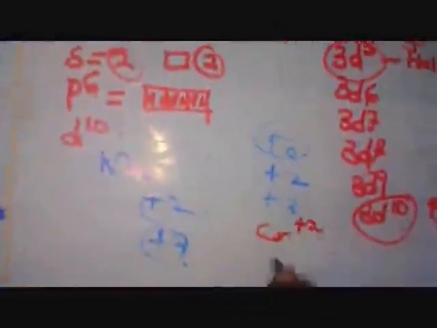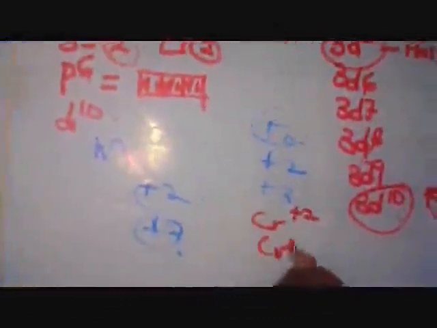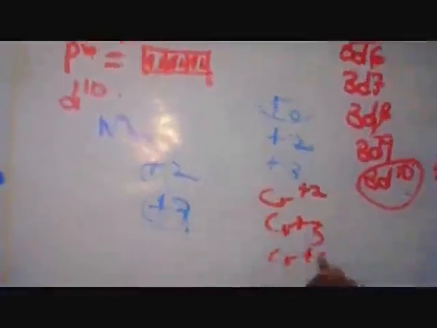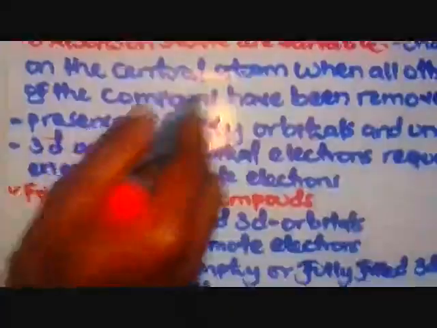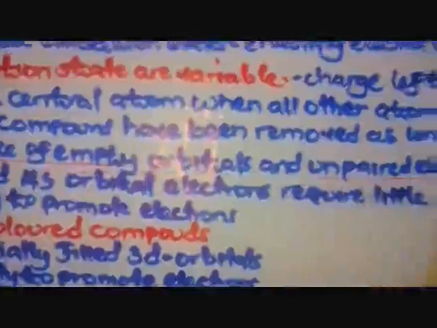We will find chromium 2, chromium 3, chromium 6. Those are variable oxidation states, and so on. They have many oxidation states. We are saying the variable oxidation states are because of the presence of the empty orbitals and then the unpaired electrons.